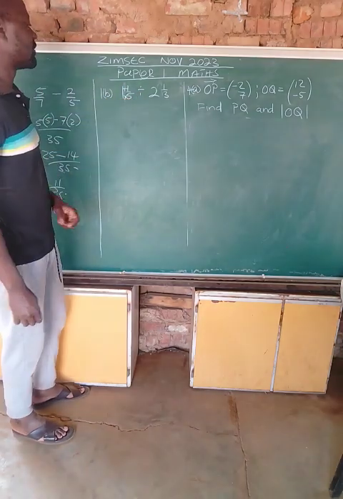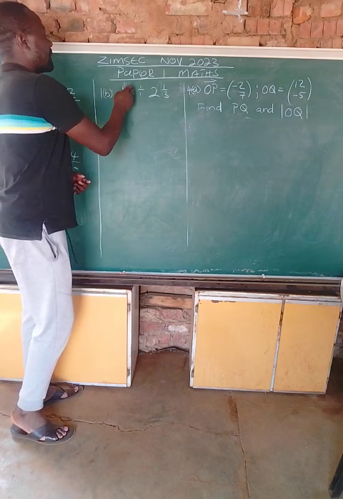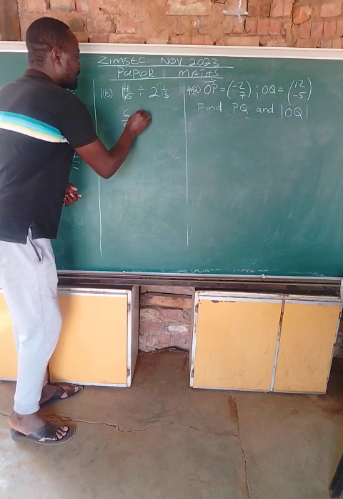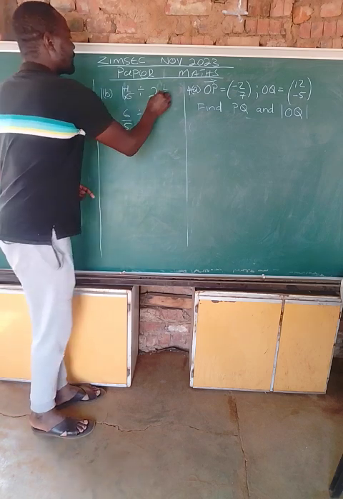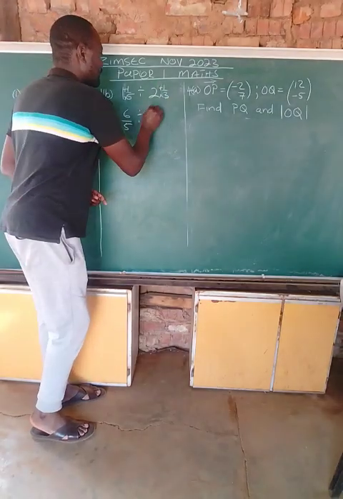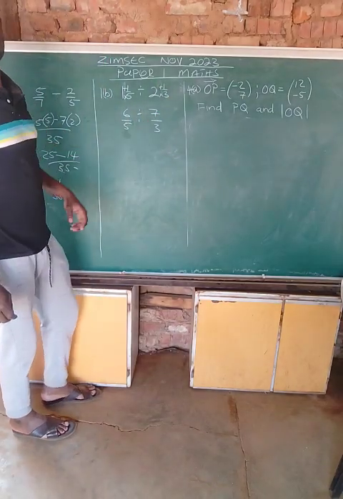You take the denominator as it is. 5 times 1, we get 5 plus 1, it's 6 over 5, divided by 3 times 2, we get 6 plus 1, it's 7. 7 over 3.